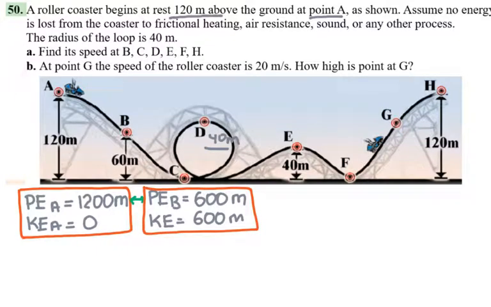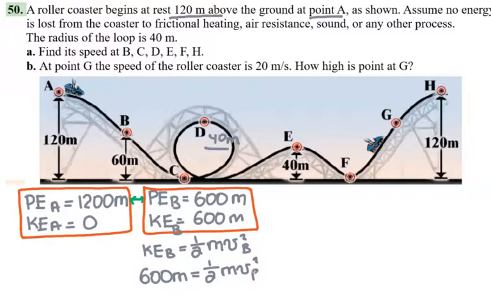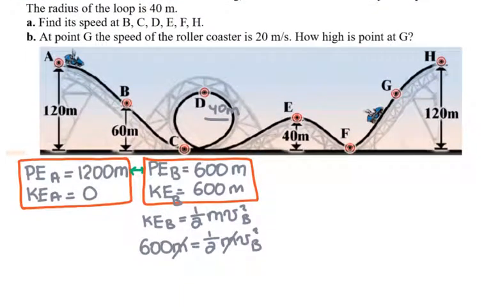So at B, the kinetic energy is 1/2 m v squared at B. So I have 600 times the mass equal to 1/2 m v squared at B. This is why I don't need mass, because the masses cancel. And the velocity at B is equal to the square root of 1200, I get 34.6 meters per second. So that is the velocity at B.